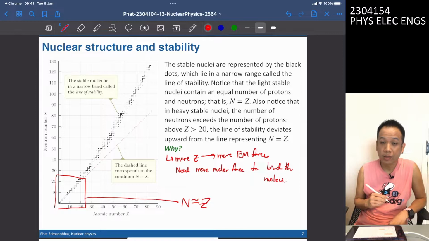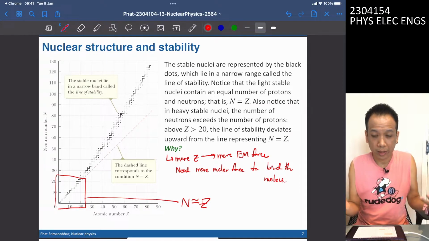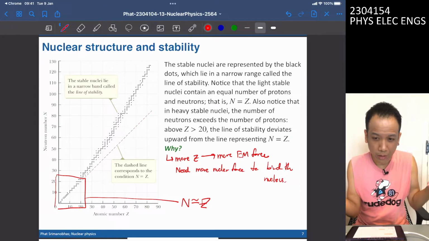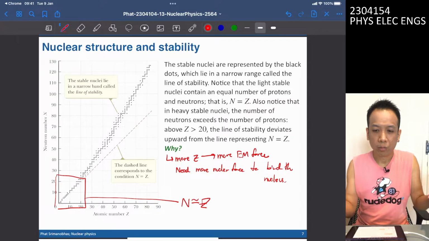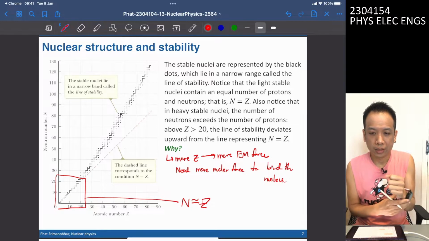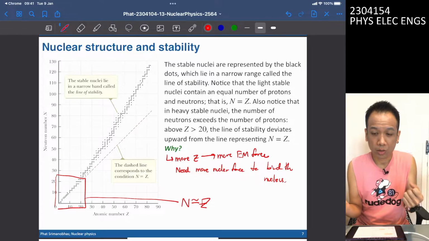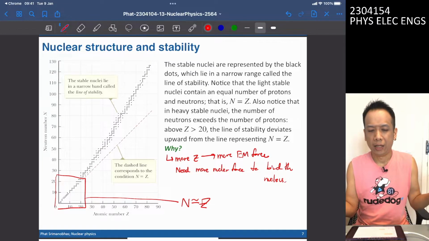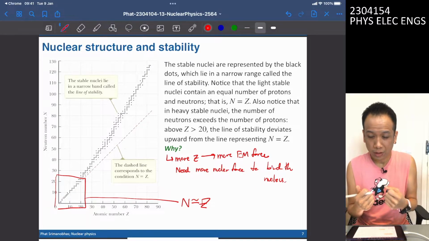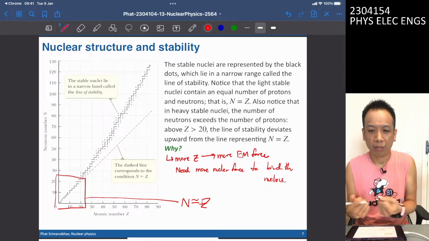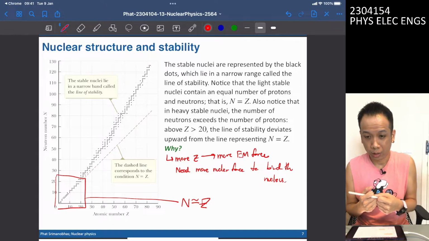Does it make sense? More electromagnetic force is trying to push the protons away from each other. If you want to make a nucleus stable, you need more neutrons so that they increase the strong force, so that it can override the electromagnetic force. So you need more neutrons.